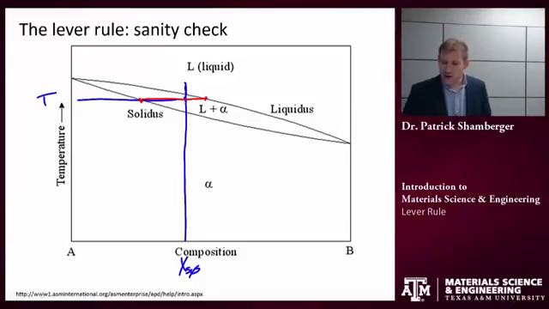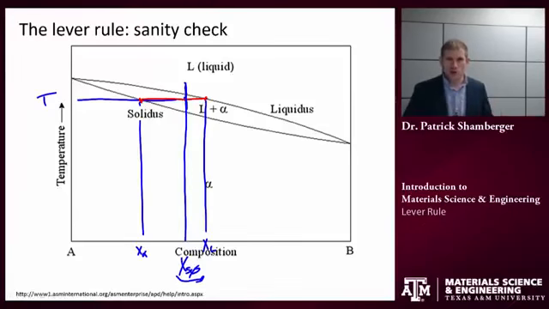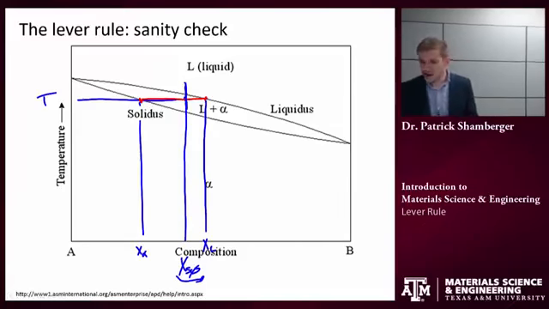Now you can notice here's my composition of liquid, here's my composition of alpha. So the composition of the overall system, in this case, is a lot closer to the composition of that liquid phase. So for this to make sense, there needs to be more liquid than there is solid. So think about that for a second. If the composition of the system is closer to the liquid case, there needs to be more of that liquid present.